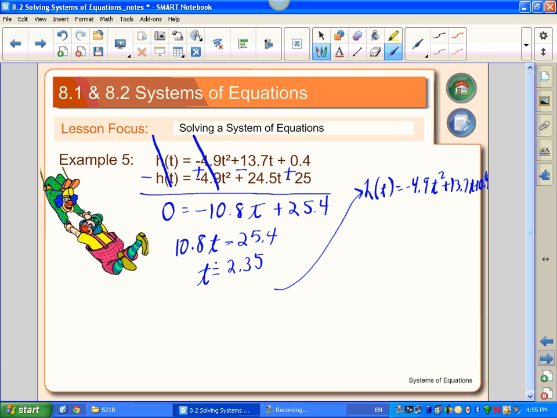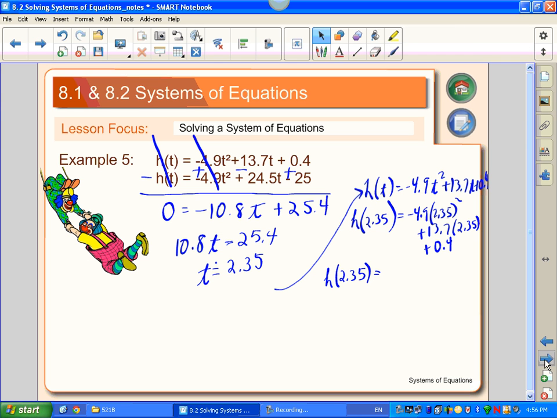And we're looking for h of 2.35. So wherever there's a t, you're going to put that value in. So we have negative 4.9 times 2.35 squared, plus 13.7 times 2.35, and add 0.4. So you have to do the math out. I'm just going to pause while I get out my calculator.